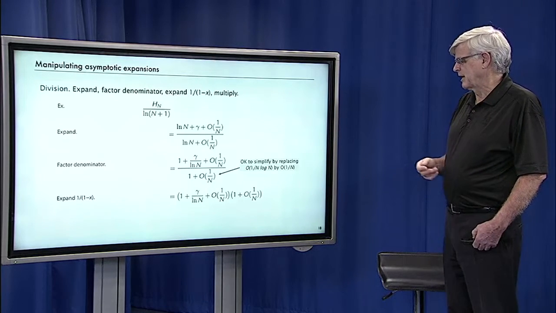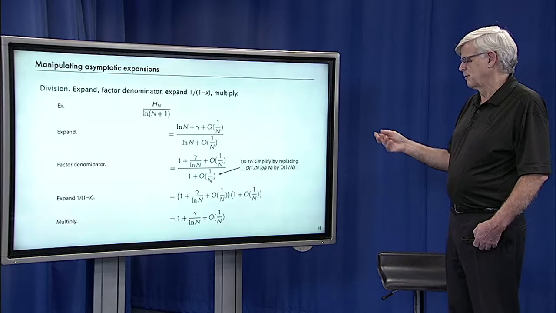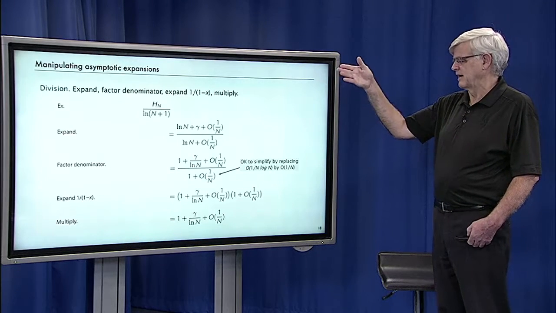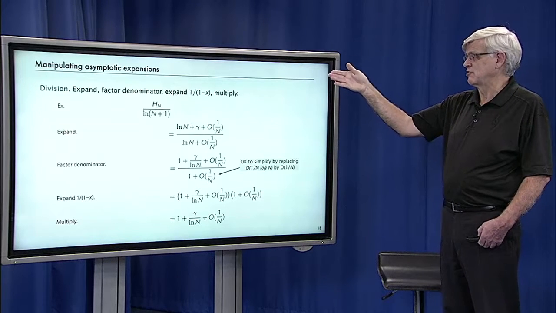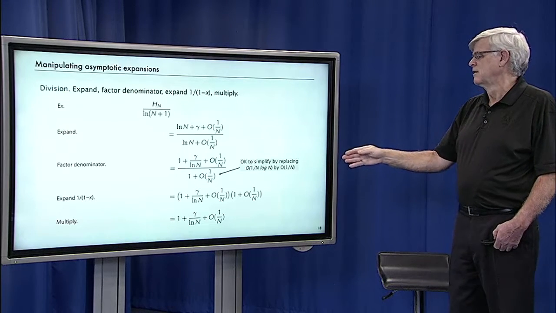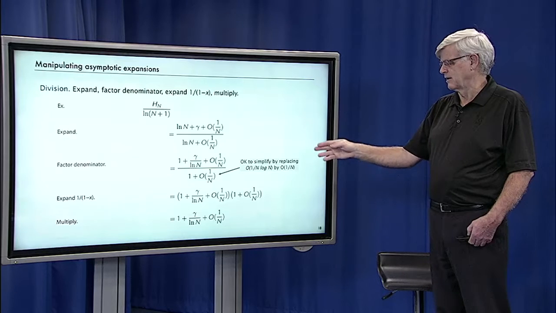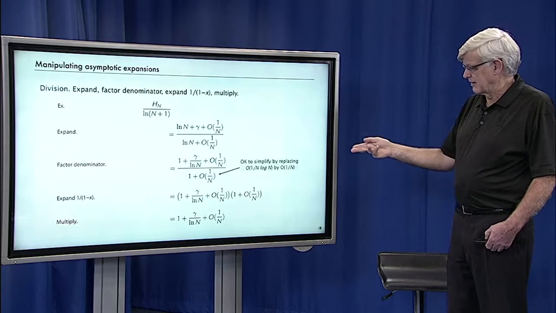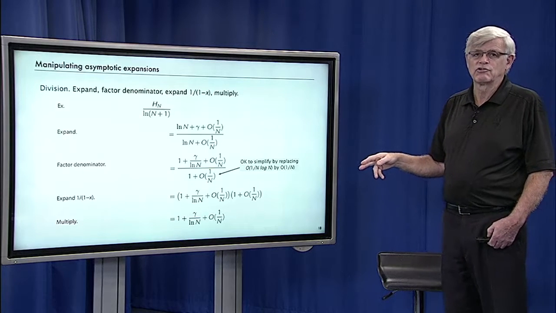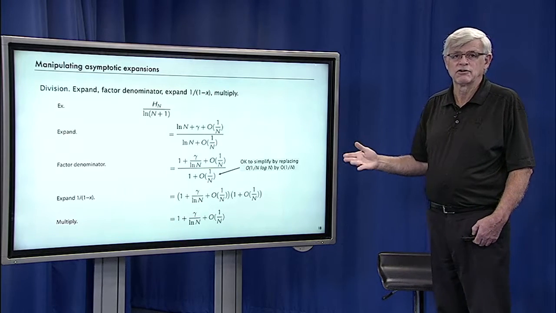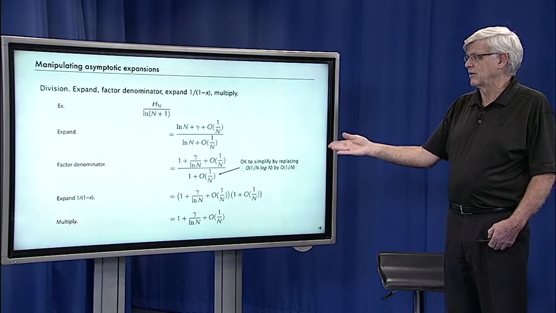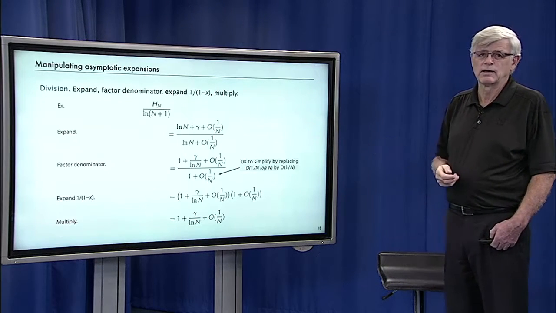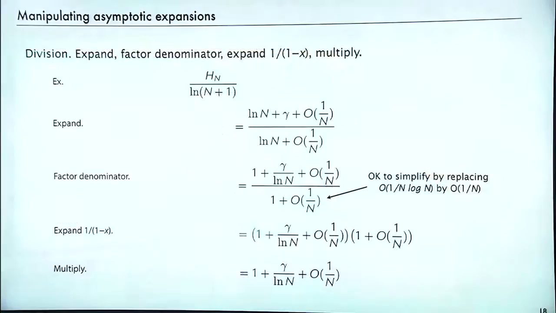So now we have a multiplication problem, and if we multiply that out, that's a proof that the asymptotic expansion of Hn over log of n plus 1 to within O of 1 over n is 1 plus gamma over log n plus O of 1 over n. And again, there's a big improvement in precision when we get to the 1 over n term. So this is going to be a very accurate estimate of that more complicated quantity as n increases.